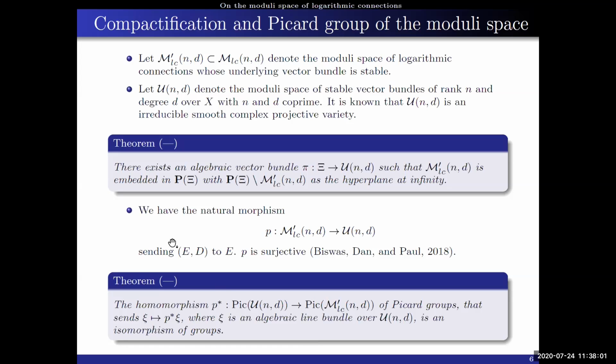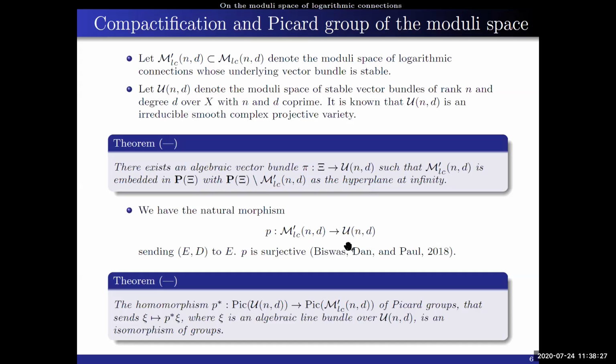Before going to this, we have a natural morphism P from M_LC'(n,d) to U(n,d), because M_LC'(n,d) consists of all those pairs (E, D) where the underlying vector bundle E is stable. So if E is stable, then we can send, by a forgetful map, the pair (E, D) to E. It goes into this moduli space.